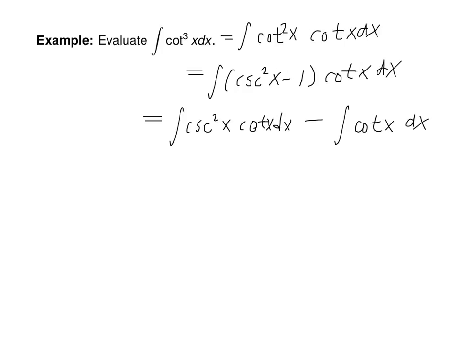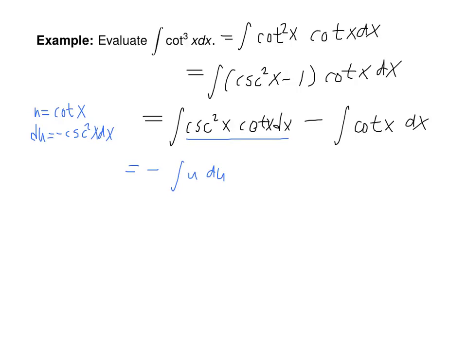So with this first integral, if we let u equal cotangent, du is equal to negative cosecant squared x dx. So that gives us negative the integral of u du. Not so bad.